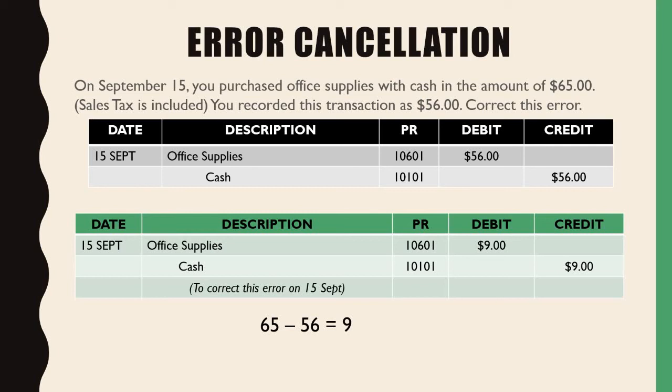So in this case, I am short on office supplies, and I'm definitely short on cash because I don't have the remainder of the money in my hands. I have less. So in this idea, you need to find the difference between your error and the correct amount. What's the difference between 65 and 56?